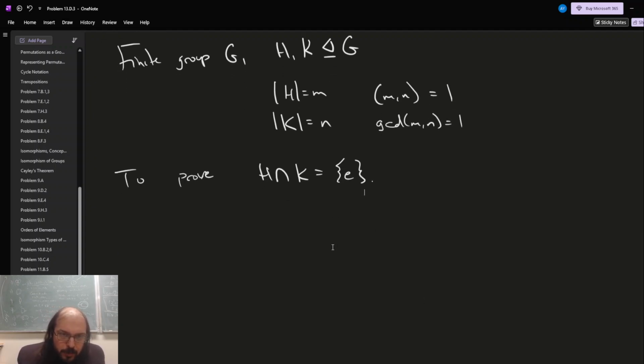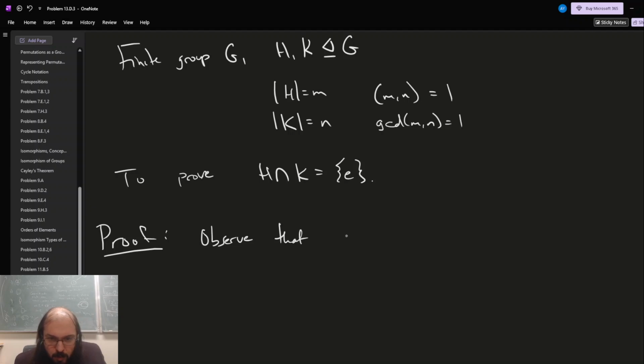And to prove this, I start with a little bit of a lemma. It's kind of an observation more than a lemma, but it warrants getting written down and spelled out, which is that the intersection of two subgroups is a subgroup.